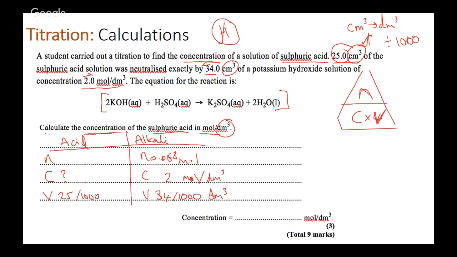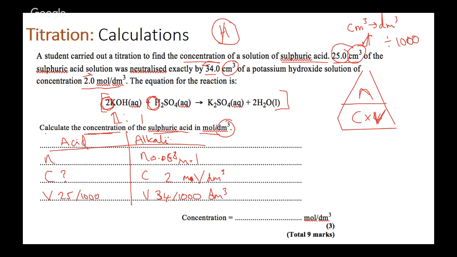This is the difficult bit right here. We've got 0.068 moles, and we need to calculate the ratio of alkali to acid. That's where you need to recognise that this is potassium hydroxide, the alkali. The balanced equation says that in this reaction, there are 2 moles of alkali for every 1 mole of acid.